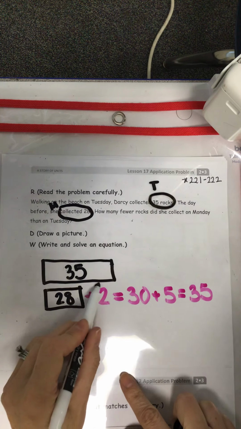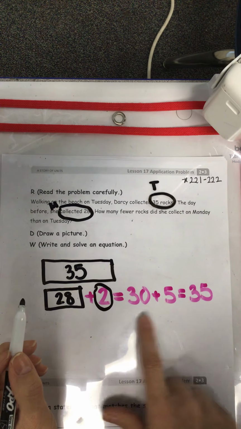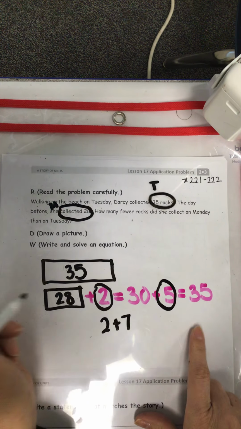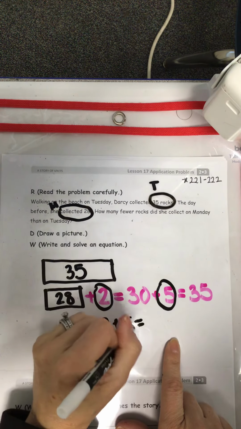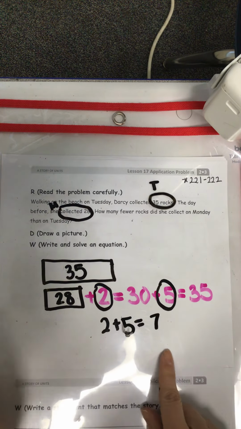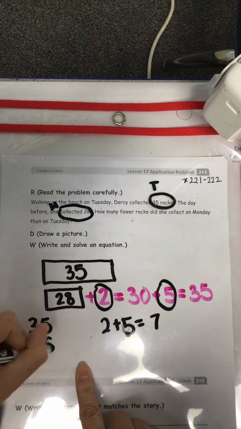So we needed to not only add 2 more to 28 to get to 30, we added that 5 more too. So we took those add-ins, 2 and 5, to find out the sum of the difference is 7. This is the same thing as saying 35 minus 28.